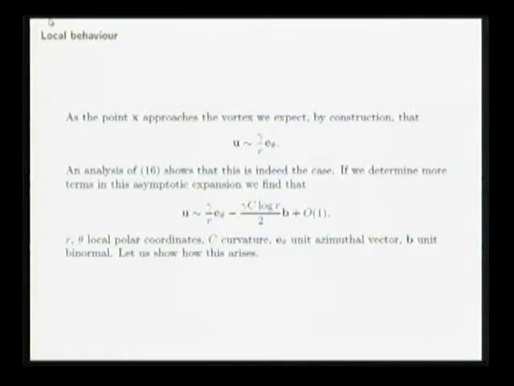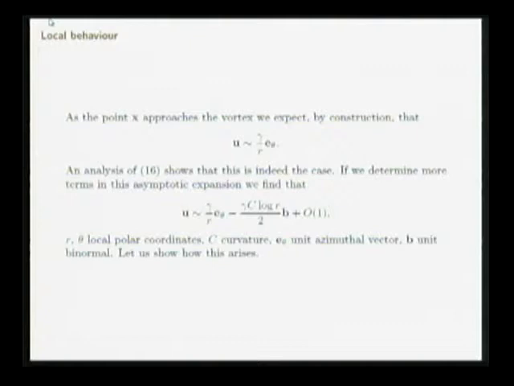And if you evaluate more terms in that asymptotic expansion, then you find that this is just the leading term as r goes to 0. And then the next term we saw was logarithmic in r, multiplied by c as the curvature, and b as the binormal direction. And then there's some order 1 stuff.